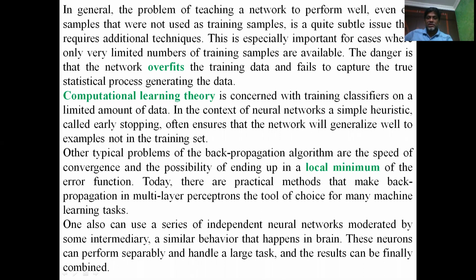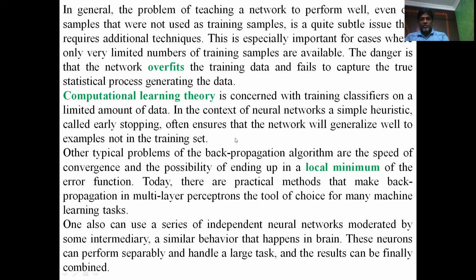This is done by using a simple heuristic called early stopping. Early stopping helps us avoid overfitting and ensures that the network will generalize well to the examples on the training set.